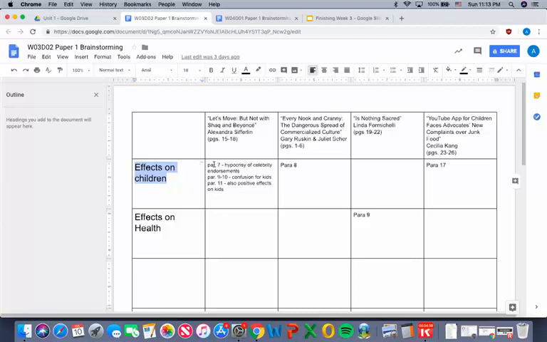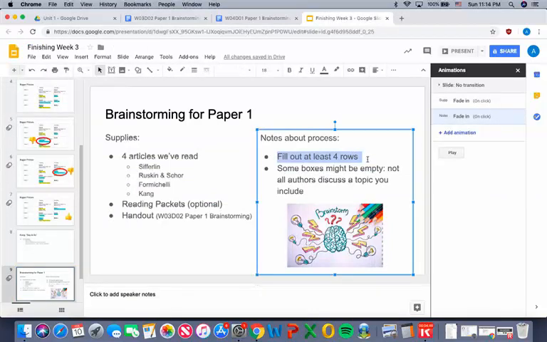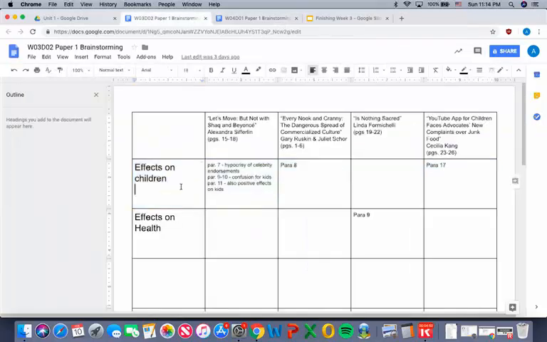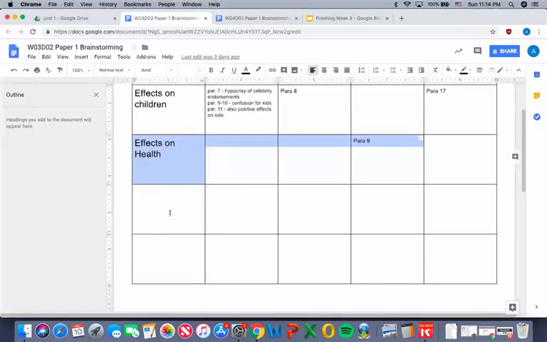What I'm talking about when I say 4 rows is that this right here is a row. So you need to fill out 4 rows. What's nice is that some of it's already done for you. You can fill out row 1, effects on children, row 2, effects on health, and then pick out at least 2 more topics and fill out the rows right here.